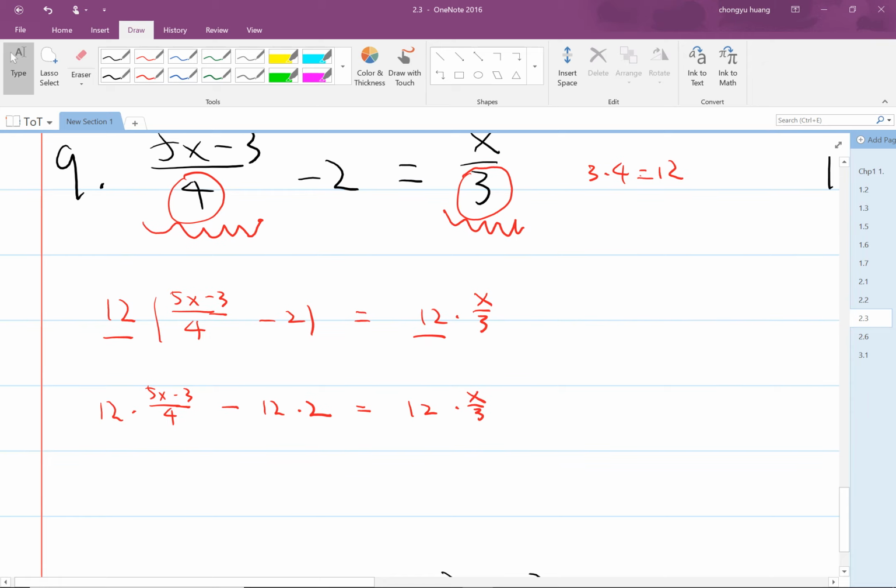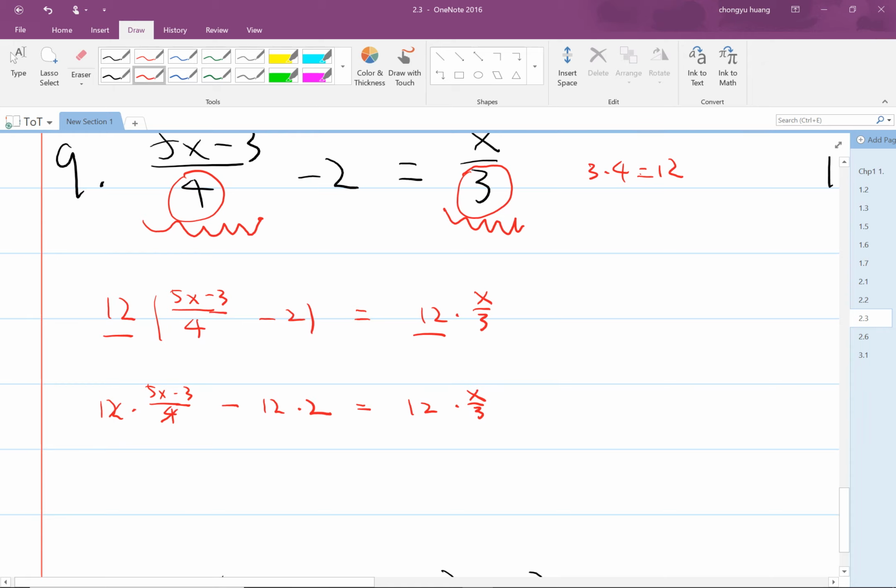You can see over here it's a little bit clearer. So the 4 gets cancelled, and 12 becomes 3, so what we have here is 3 times (5x minus 3), minus 12 multiplied by 2, which is 24, is equal to 12 multiplied by x over 3, so the 3 gets cancelled and 12 becomes 4, so equal to 4x, right? Now we are actually able to solve this problem.